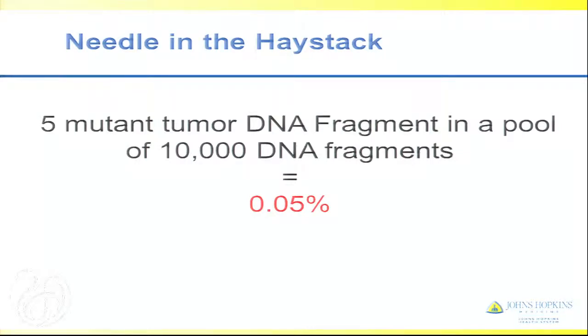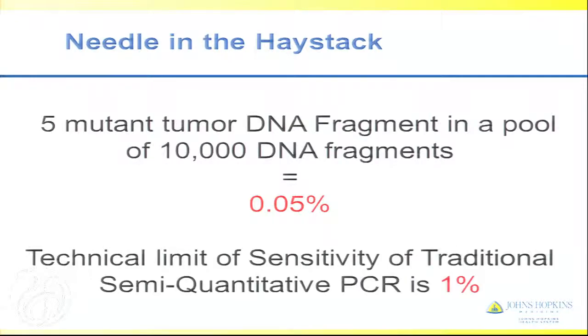So we are essentially faced with the proverbial problem of finding a needle in the haystack. As an example, if you have 5 mutant tumor DNA fragments in a pool of 10,000 DNA fragments, that's a fairly small proportion. If we used a conventional semi-quantitative PCR with a detection threshold of 1%, we might not detect the tumor DNA and we would not be able to quantify it.